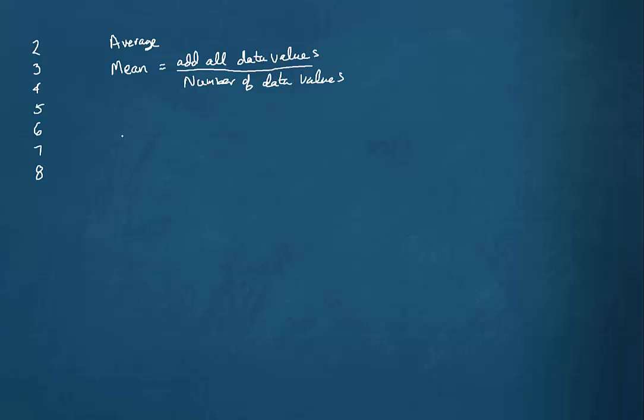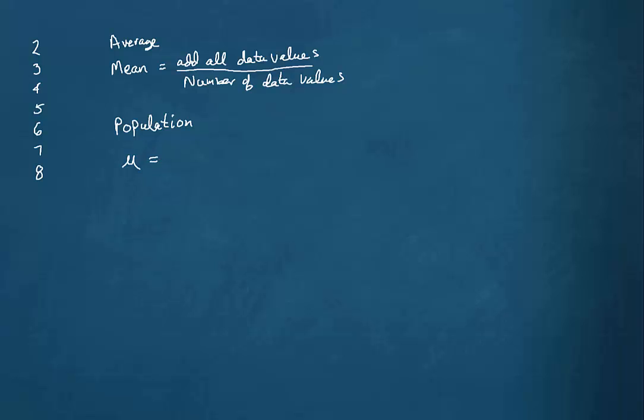Well, we have a way to abbreviate all of that. And if we are working with a population set of data, we would abbreviate the mean with the symbol mu.